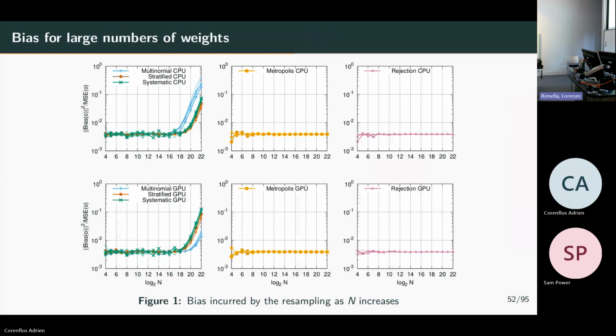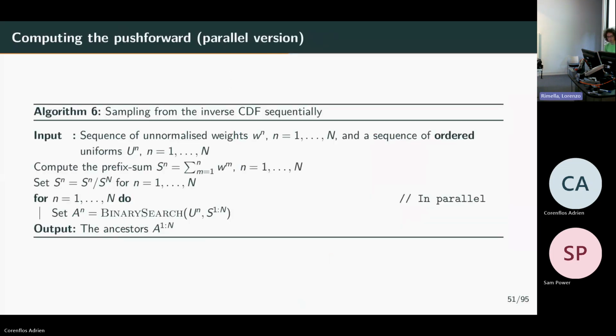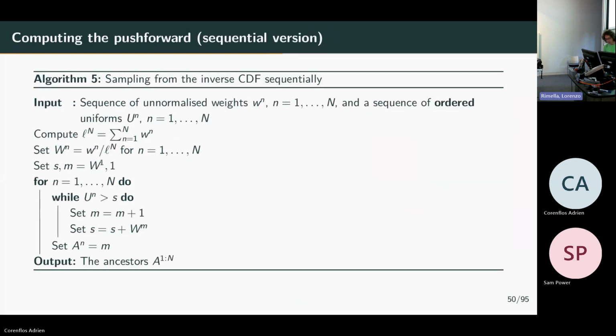Okay, and so the problem comes from the fact that here you're adding small numbers together, right? And so you get into floating point arithmetic issues.